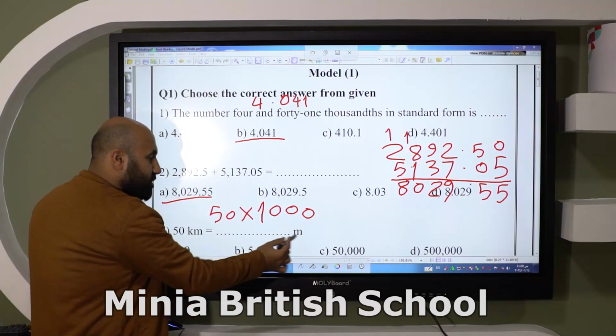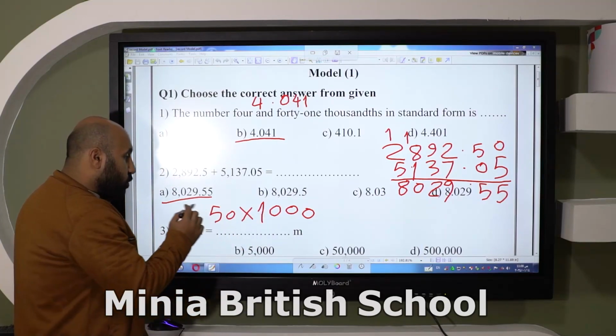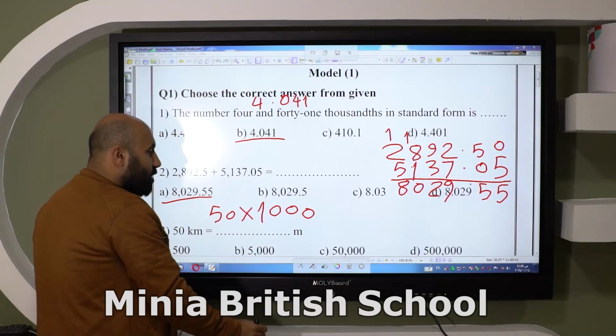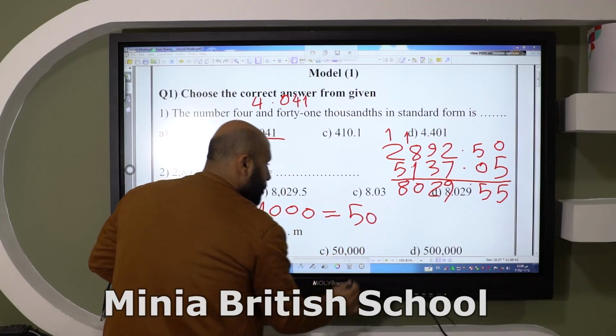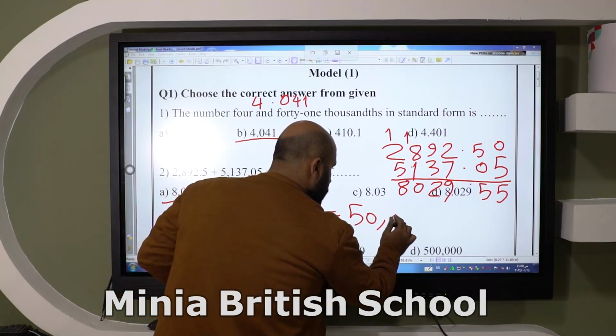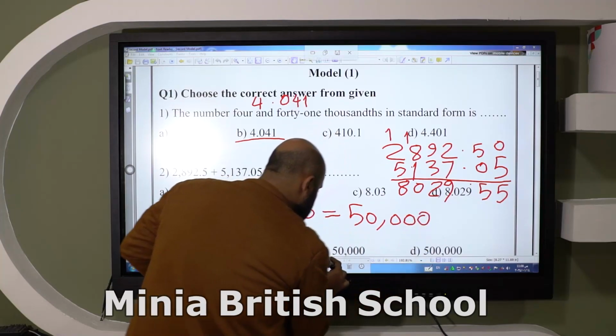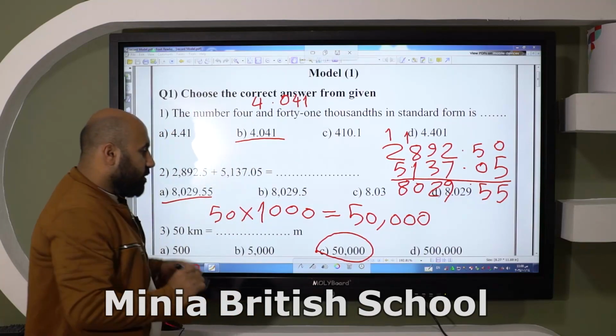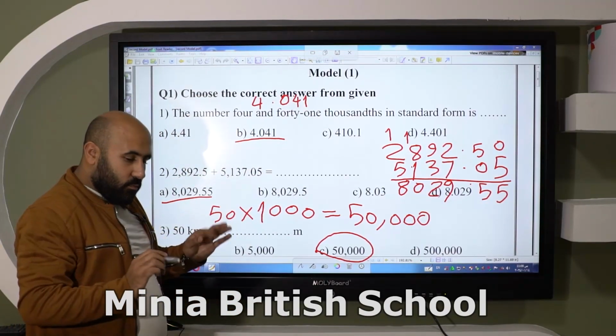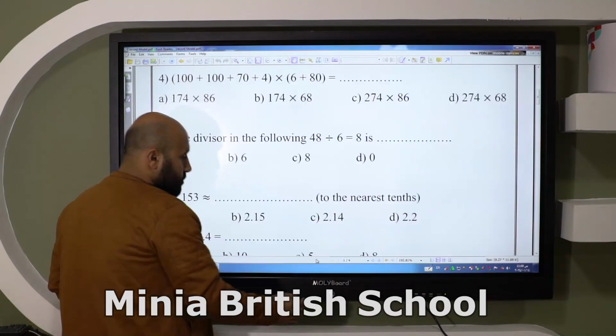From kilometer to meter times 1000. So 50 times 1000 equal 50,000. So I will choose the C choice. This is clear. What about the rest?